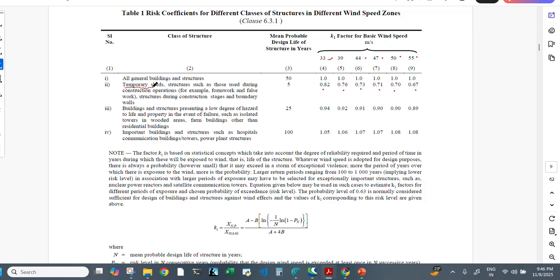Temporary structures are such as those used during construction operations, for example formwork, false work, structures during the construction stages, or boundary walls.